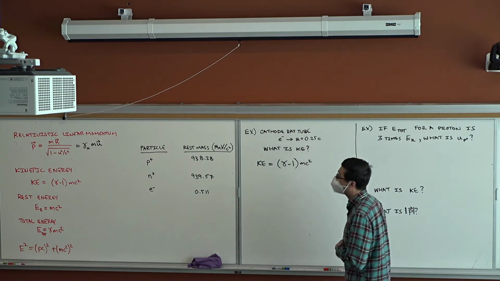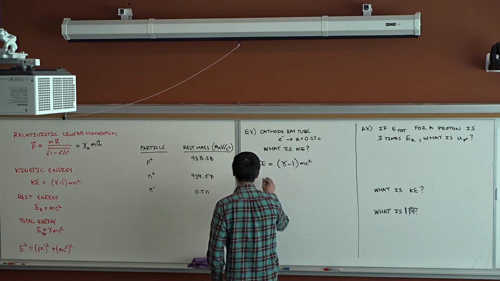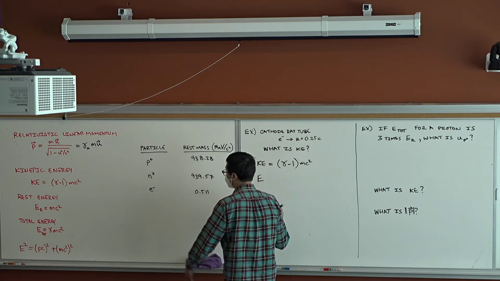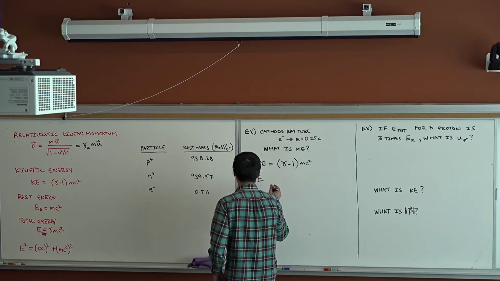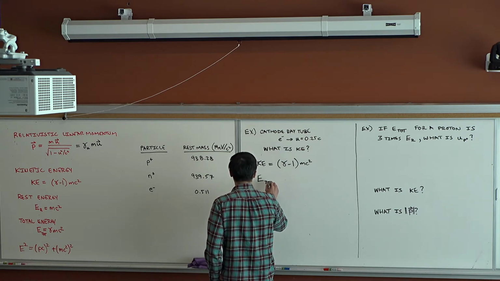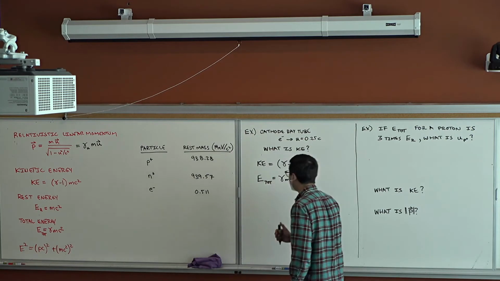I guess in my notes I took the long tour here. So let's do this as I did in my notes, just to give a little more familiarity with these equations. So the total energy is going to be gamma mc squared.